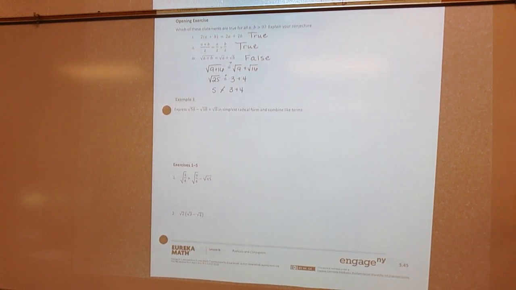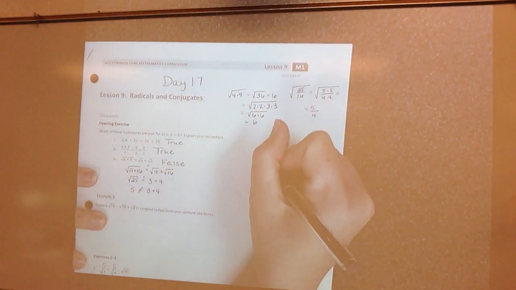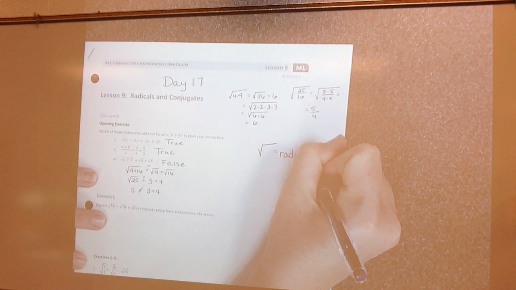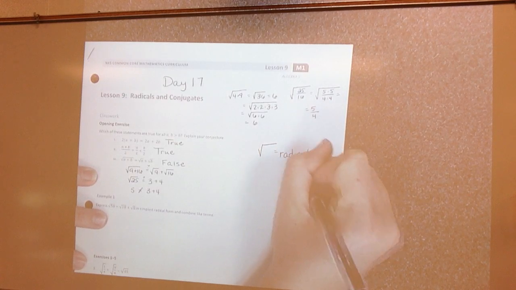Alright, example number 1. An expression is in simplest radical form when the radicand, or the expression under the radical sign, guys, this is a radical sign. You need to know that.